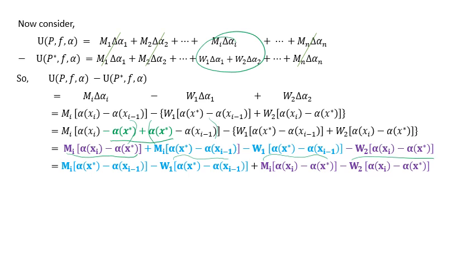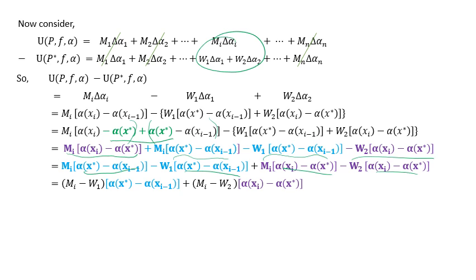Putting them together, we end up with this. And then once again, because we have matching expressions, we can do some factoring. And again, since M sub I was greater than W sub 1, this will be positive. And M sub I is greater than W2, this will be positive.